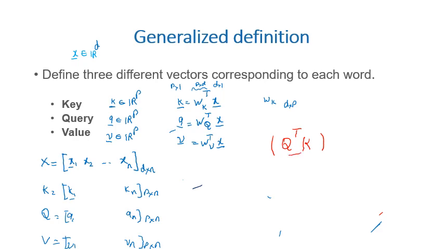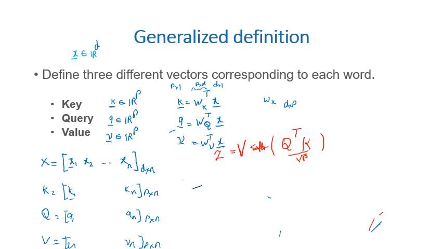You can divide this by the length, and then compute softmax and multiply this by V. This is going to be your new value. Let's call it Z.